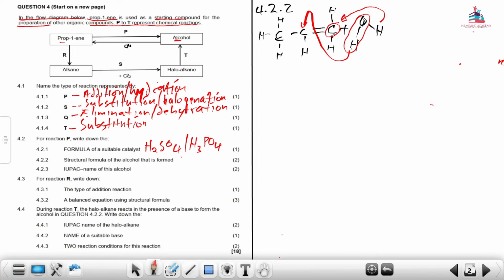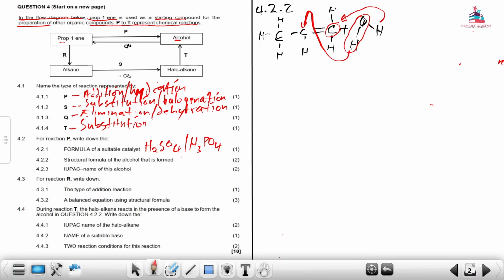Carbon 1 has how many hydrogens? 2. Carbon 2, how many hydrogens? Only 1. So for us to get the major product, we must apply Markovnikov's rule. Hence I did not want to explain Markovnikov's rule earlier in the videos, because the only thing we need to know is the application of Markovnikov.